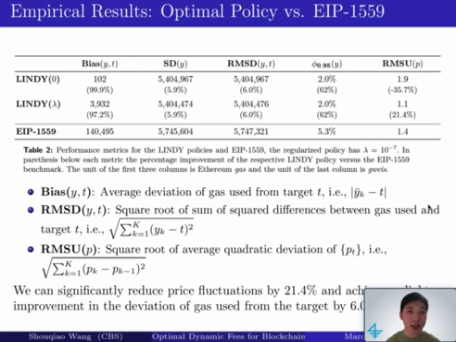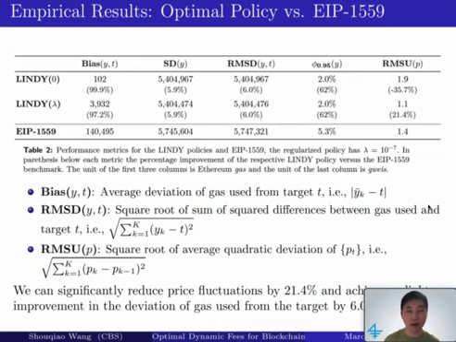Using this heuristic, we compare our optimal policy versus the EIP 1559 policy. Just recall that lambda is the parameter for balancing the cost between the deviation of realized demand to the target T and the price fluctuation. For example, if lambda equals 0, it means we only care about the cost of the deviation of realized demand to the target.